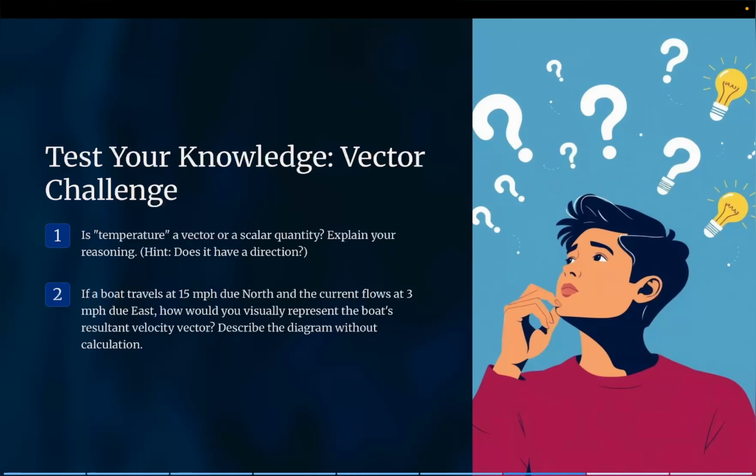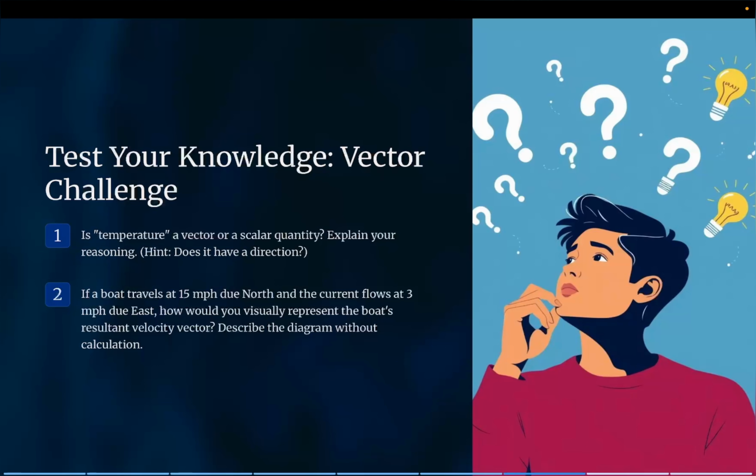The first question: is temperature a vector or a scalar quantity? And the second question: if a boat travels at 50 miles per hour due north and the current flows at 3 miles per hour due east, how would you visually represent the boat's resultant velocity vector?